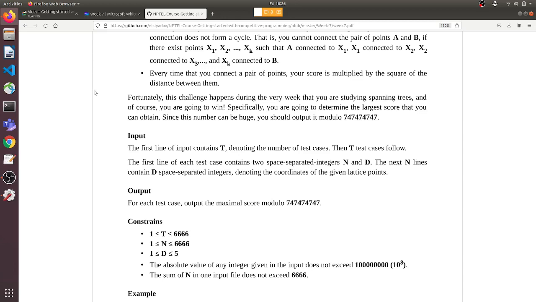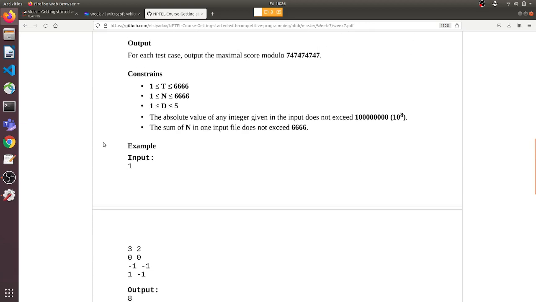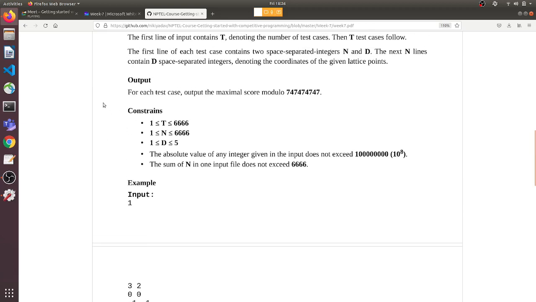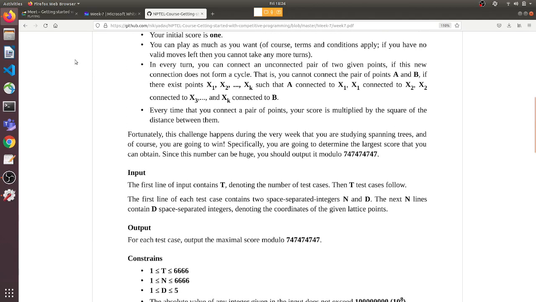So overall the time complexity of the algorithm is order of m log n, which is fine for these constraints, right?